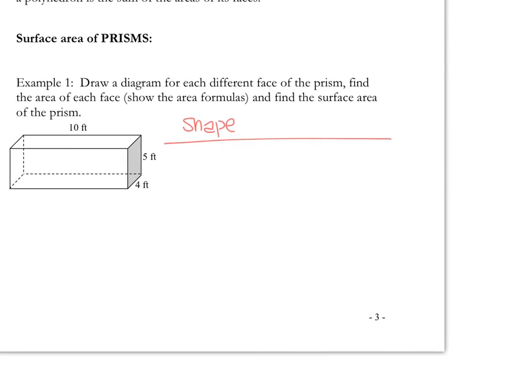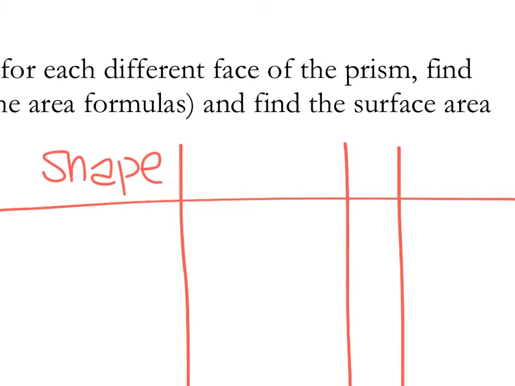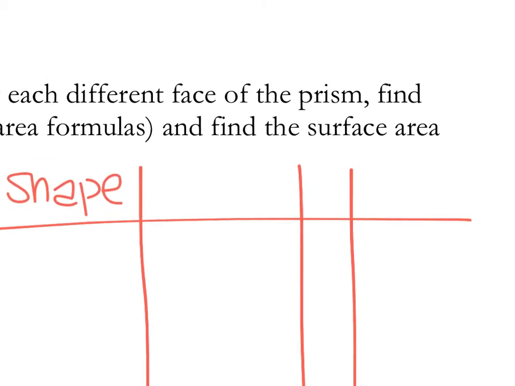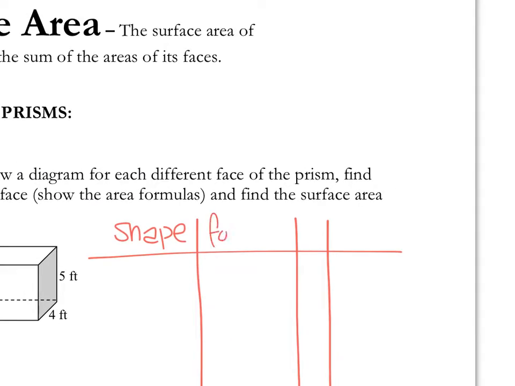I'm going to make a couple different columns. The first one is shape. The next one is formula. The next one is number. And the last one is total.